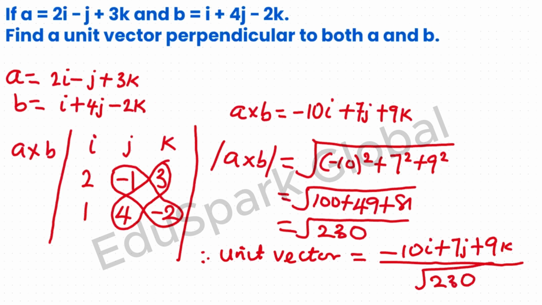So at the end of the calculation, the unit vector that is perpendicular to both A and B equals -10i plus 7j plus 9k all over root 230.